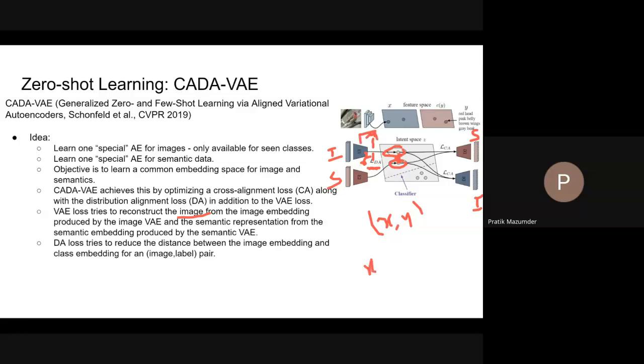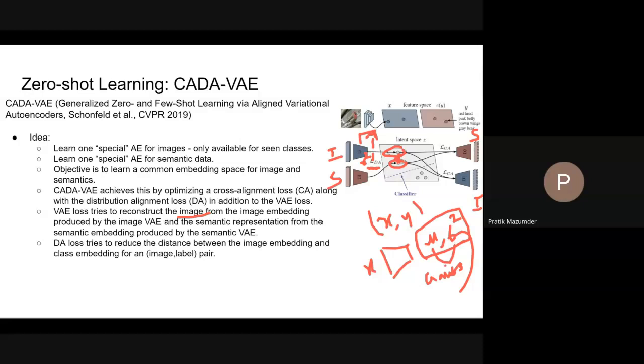If you give x as an input, your encoder will give you a mean and a variance. And the good thing about VAEs, as I had also mentioned in the previous class, is that using this particular mean and variance and a Gaussian distribution, you can generate a large number of samples from this set of mean and variance.